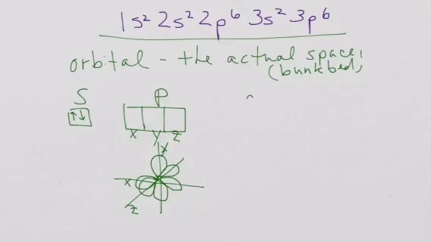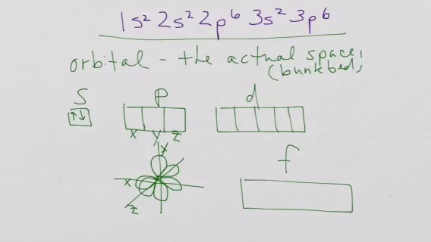Now the D's have the same thing, except it's 1, 2, 3, 4, 5, okay? And the F's have the exact same thing as well, except they are 7, 1, 2, 3, 4, 5, 6, 7. Okay, so again, you have 1, 3, 5, and 7.